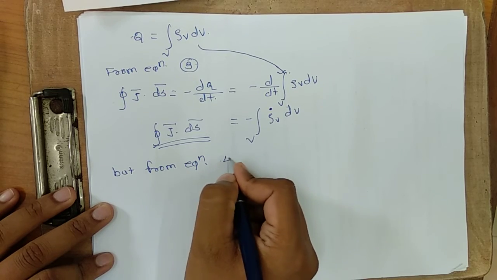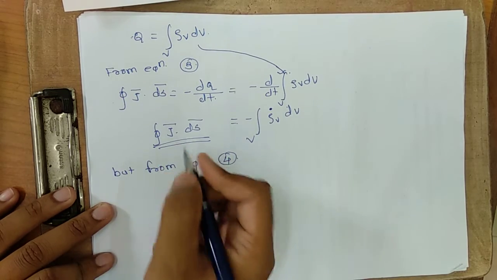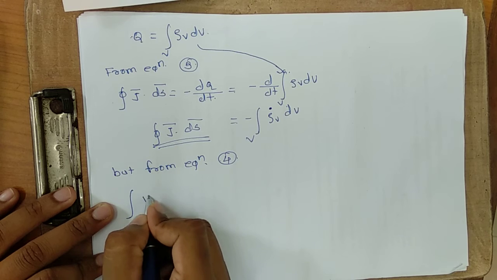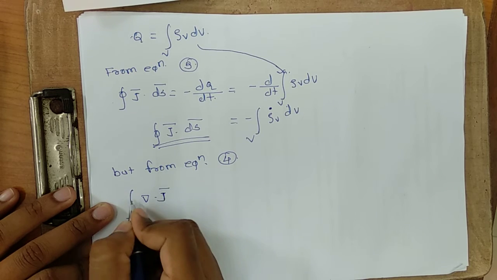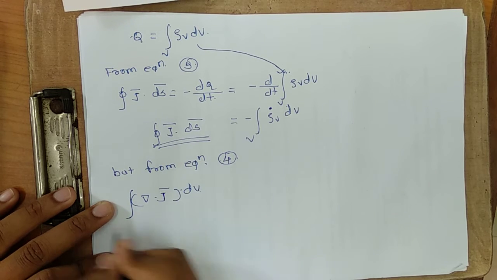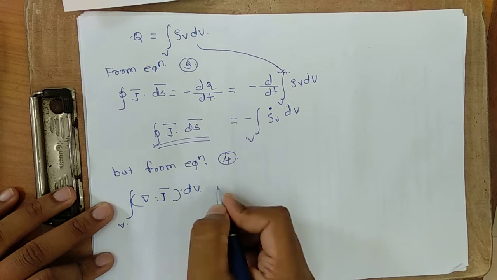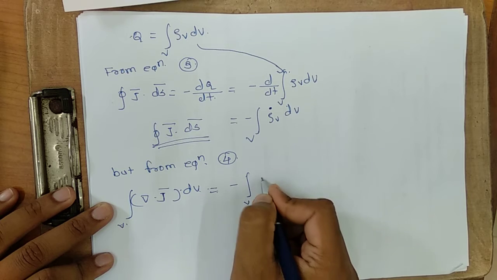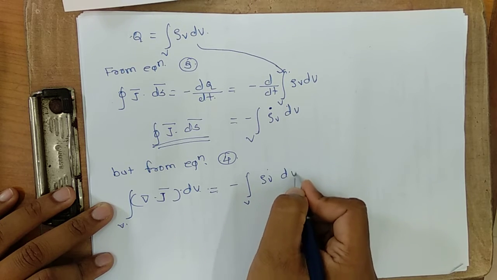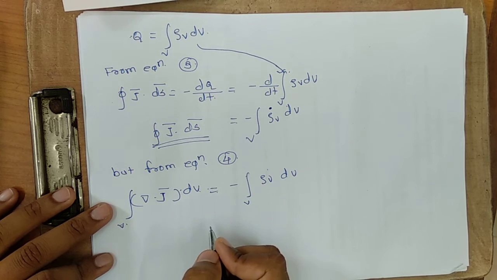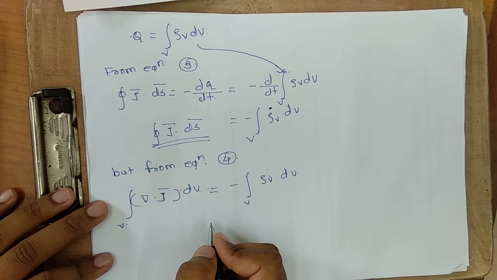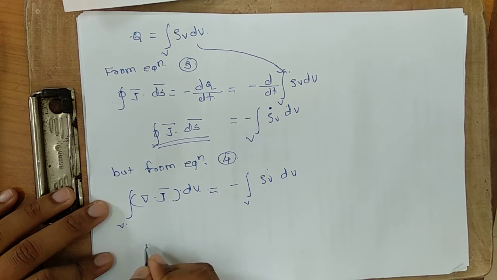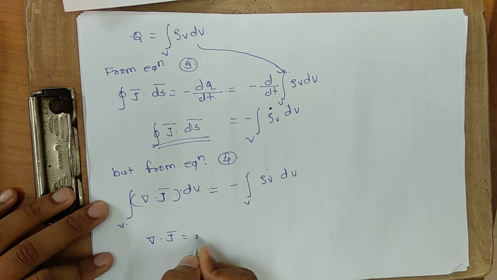From equation number 4, the integral of j bar dot ds bar can be represented as the volume integral of del dot j bar dv, equal to minus the volume integral of rho v dot dv. Now there is a volume integral on both sides, so you can remove it. So del dot j bar is equal to minus rho v dot.